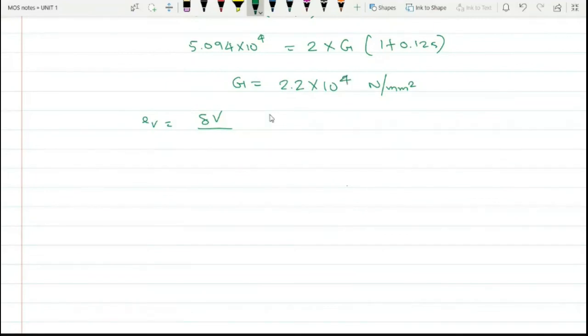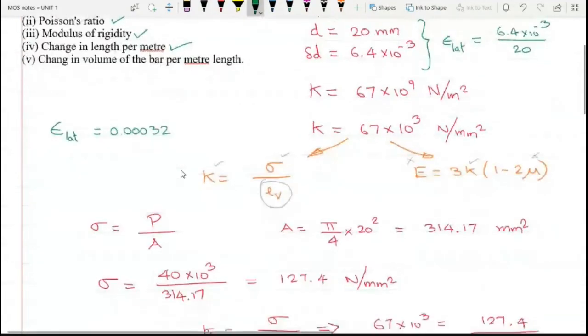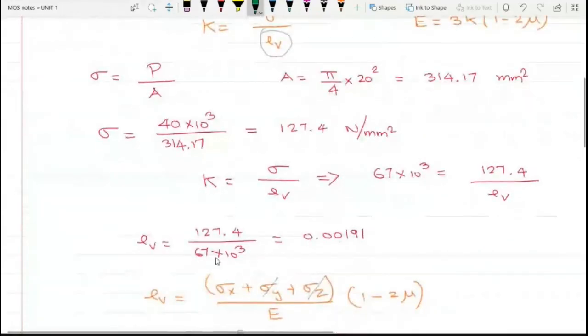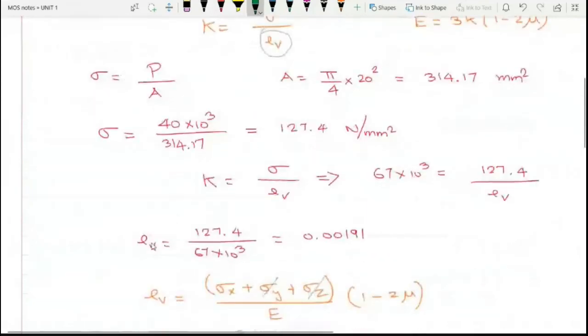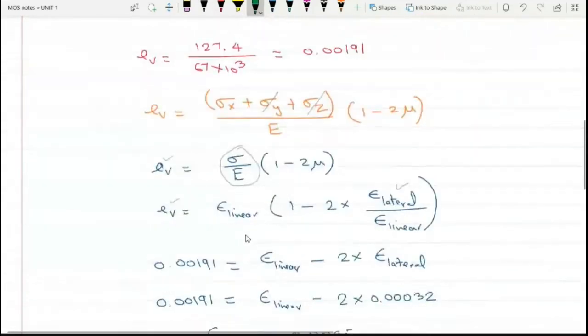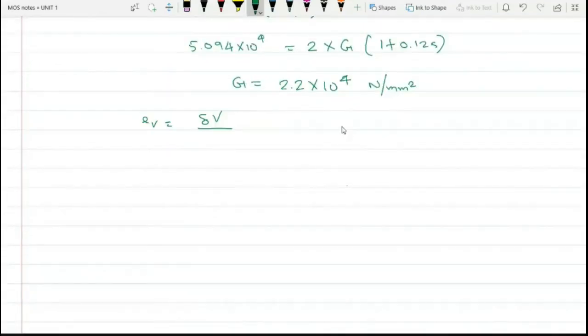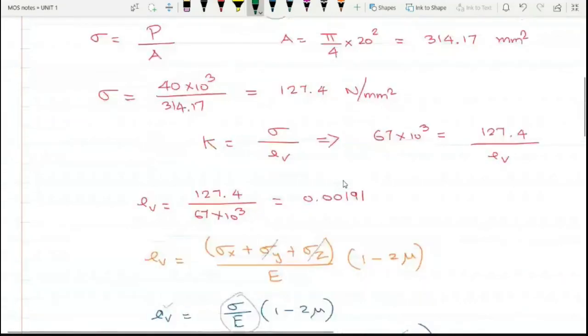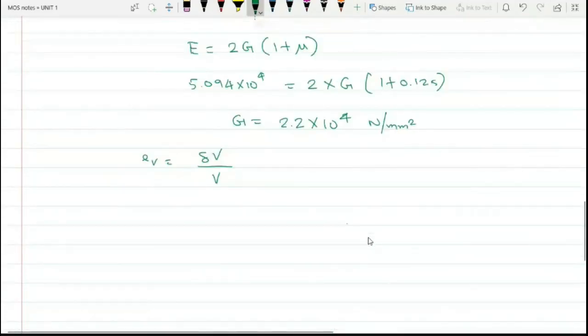Okay, thank you. So the only thing left is to identify change in volume, using volumetric strain. Volumetric strain EV is change in volume by original volume, which we identified as 0.00191.